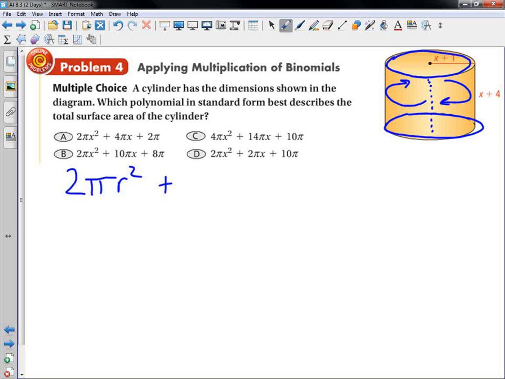Okay. And if you imagine that I cut down that dotted line and stretched it out, it's going to become a rectangle with a height of x plus 4, and the length is going to be the radius of that circle, right? Or not the radius, the circumference of that circle, which is going to be 2 pi r.